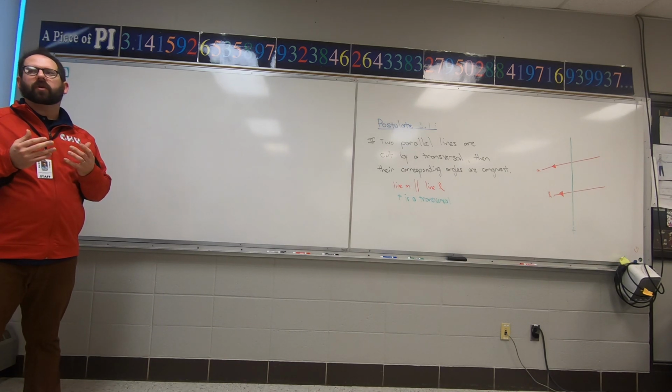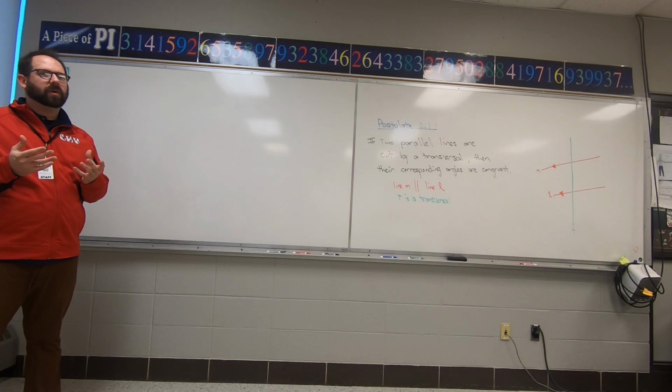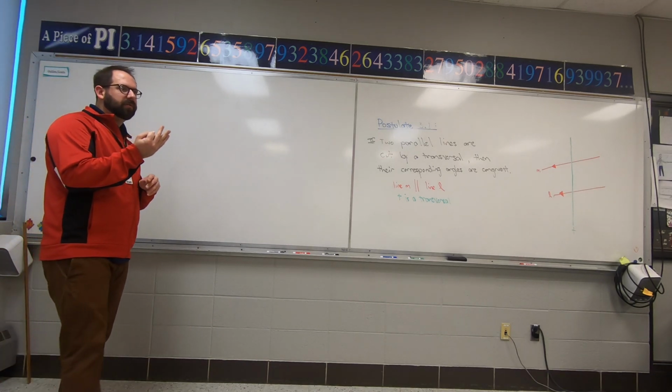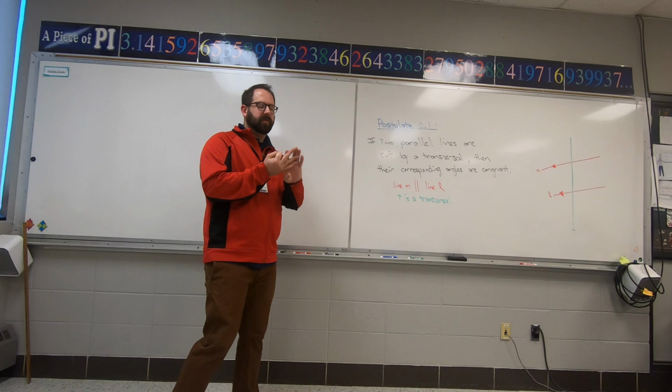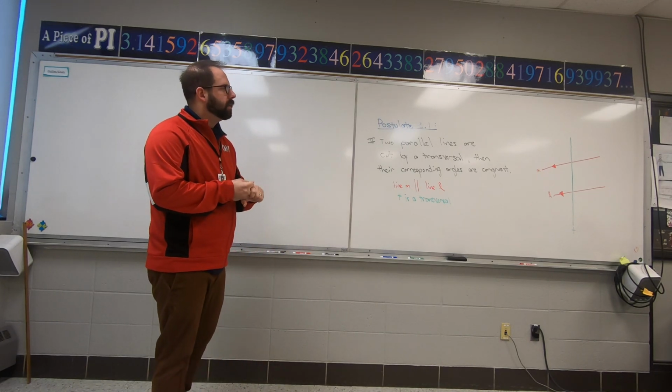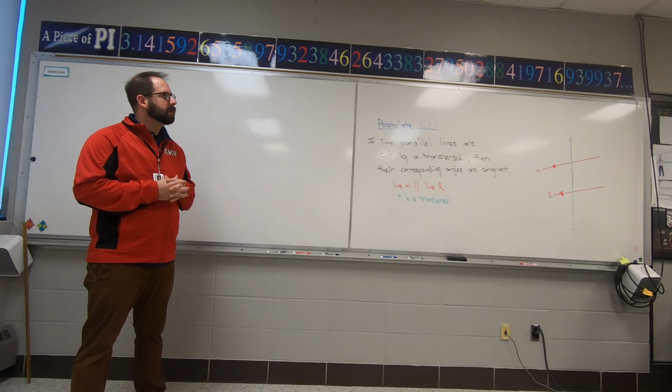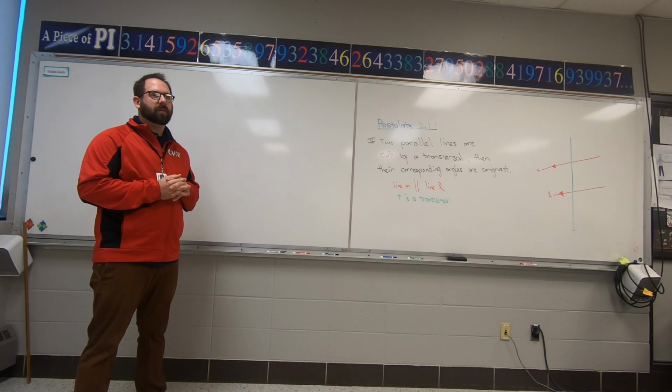What's the definition of corresponding? Let's talk about that. Where would the corresponding angles be? There are 3 stipulations for corresponding. What do you guys remember from yesterday? What's one of my stipulations? Where do I put corresponding angles? Somebody give me one of the rules for corresponding.